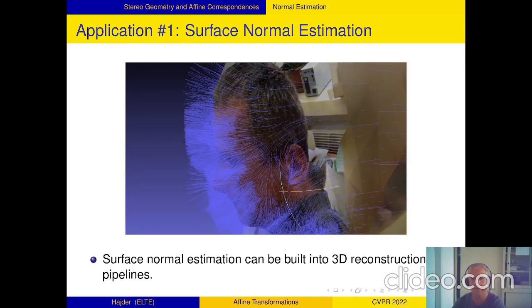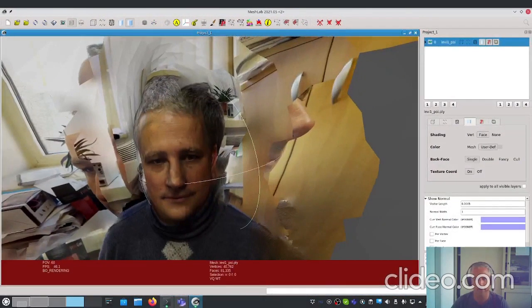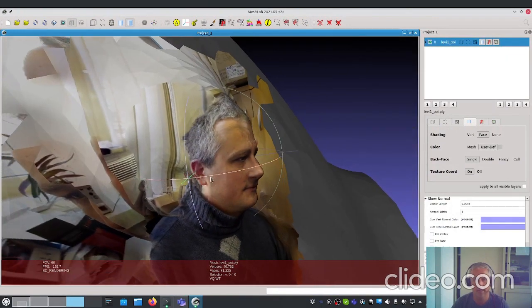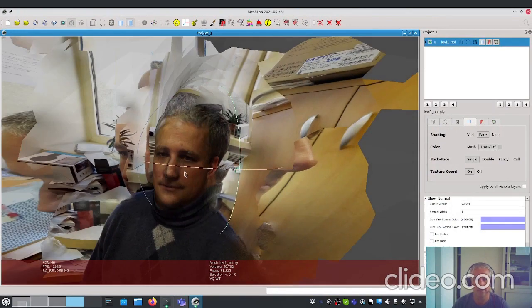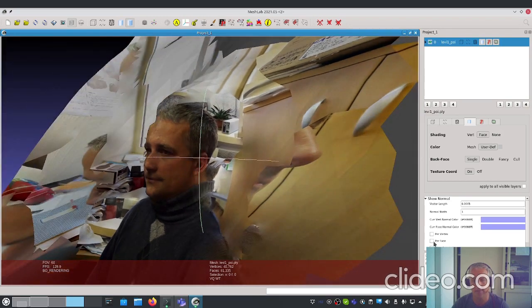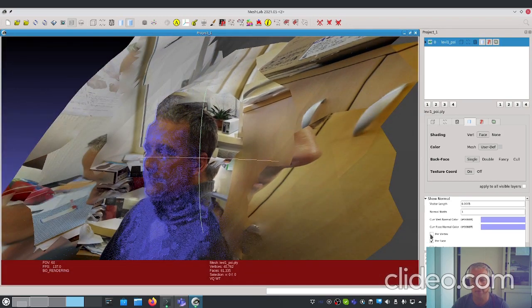And now let's see the application of the surface normal estimator. So here you see a three-dimensional model shown in 3D. Here is the textured model, and as the surface normals can be computed from the affine transformations between two images, we can add the surface normals to the three-dimensional model.